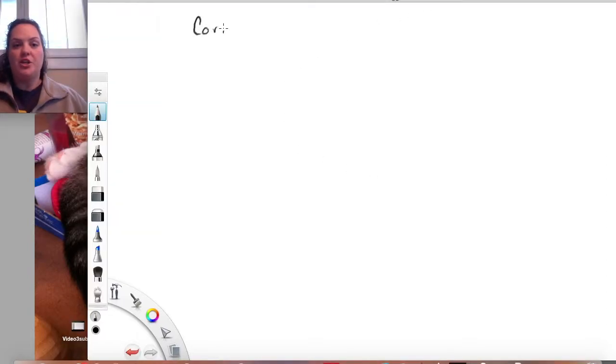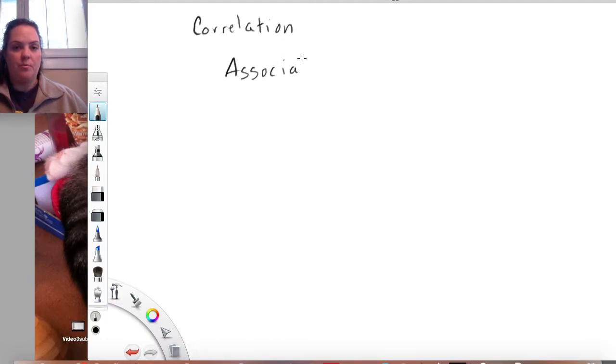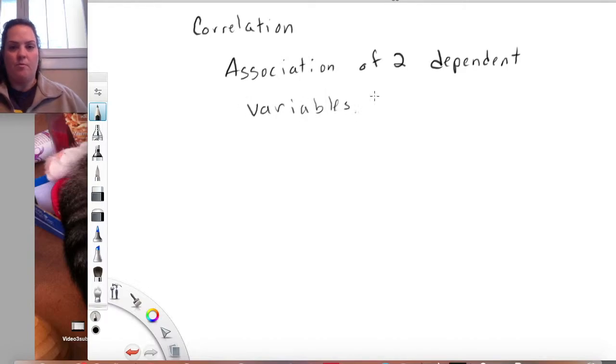So correlation is the last one I'll talk about, and this is really the association of 2 dependent variables. So we're going to have a figure that looks something like this.